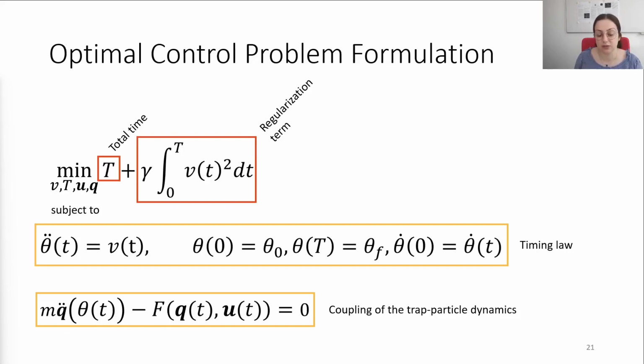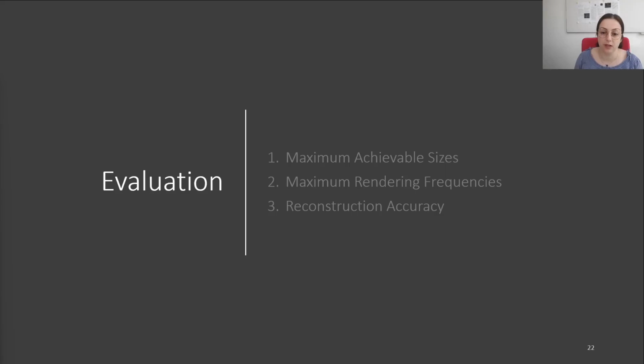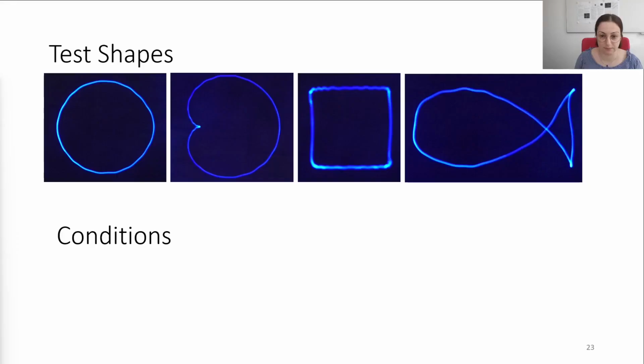Lastly, we discretize the final optimal control problem and we solve the resulting nonlinear programming problem using an appropriate optimization solver. Finally, we evaluate the performance of our algorithm and compare it against other approaches in 3 main tests.